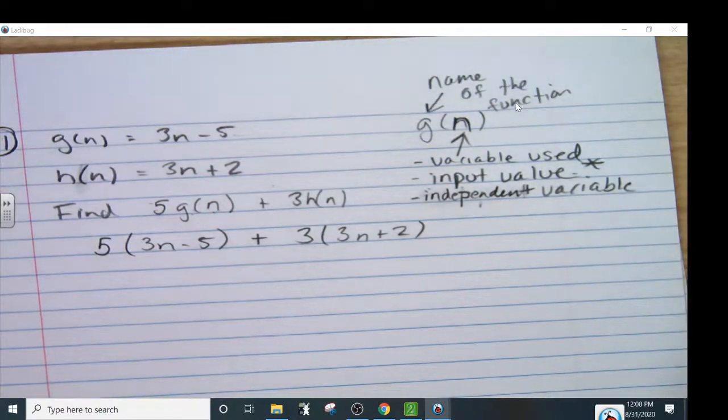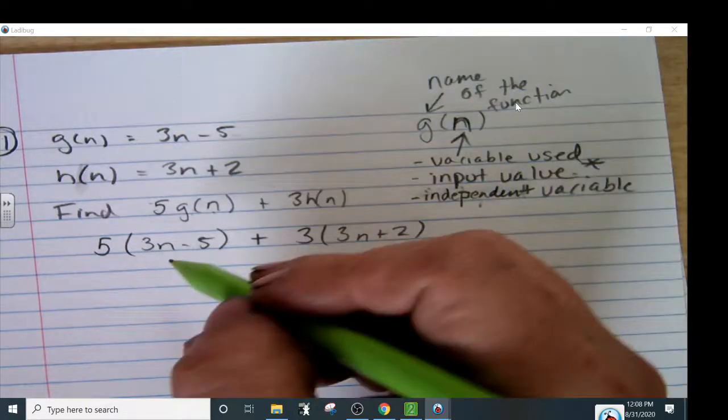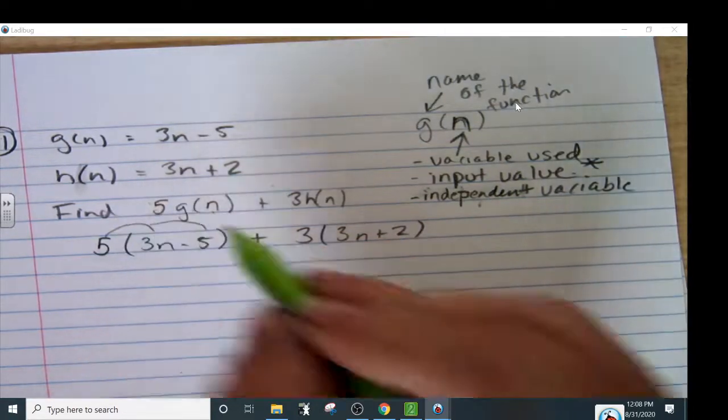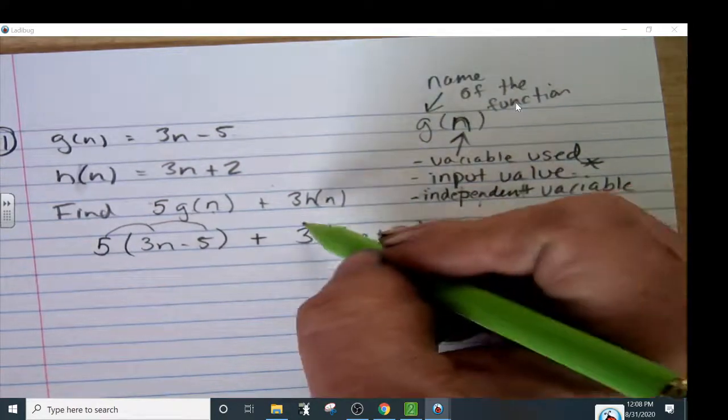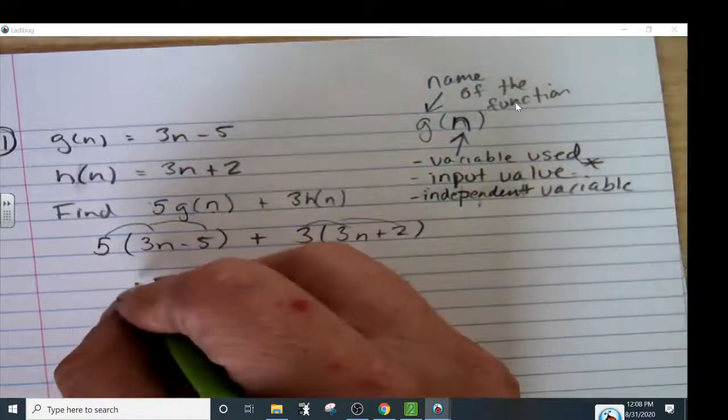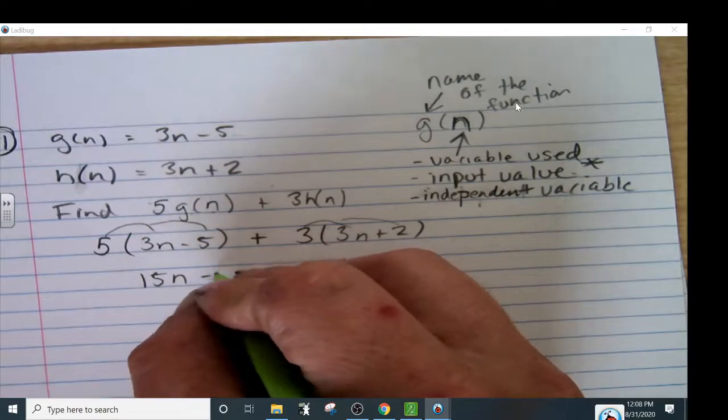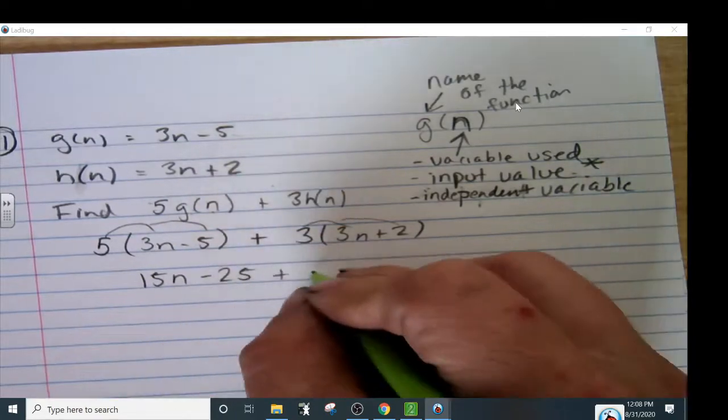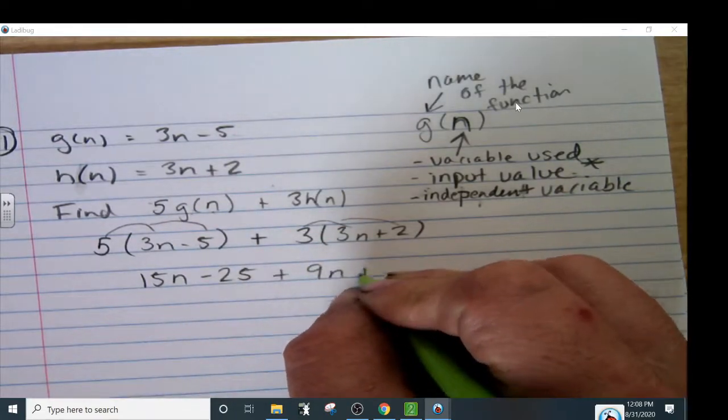Now, guys, all you do is multiply. You're going to distribute that, right? Distribute this. That's going to be 15n minus 25 plus 9n plus 6.